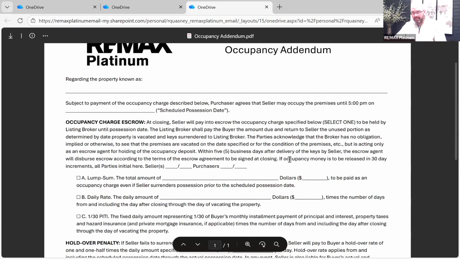In part because, at most you're looking at 60 days on an occupancy addendum. I know that's a hard rule when it comes to the lenders. I don't know if it's a hard rule in real estate in general, but it's considered by lenders, at least, that if you're doing more than 60 days of occupancy, then it turns into a lease situation, landlord tenant, in their view as a lending institution.